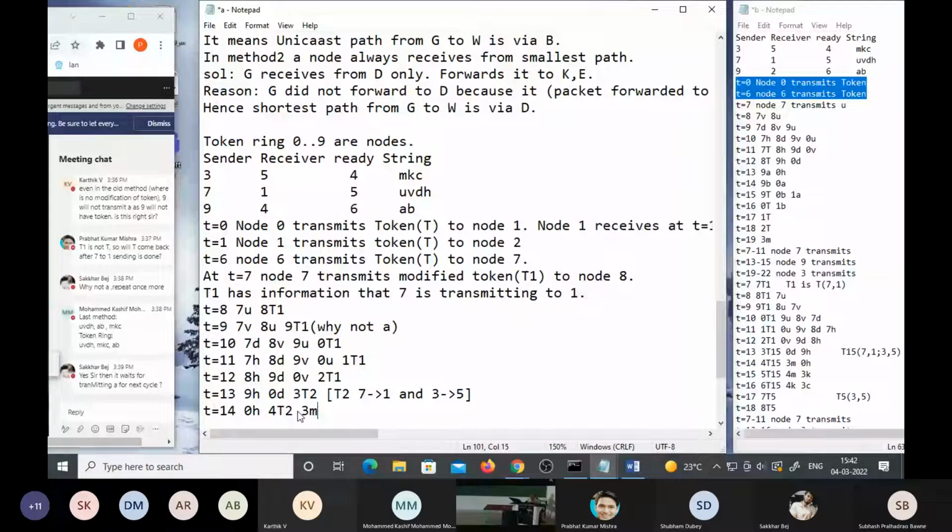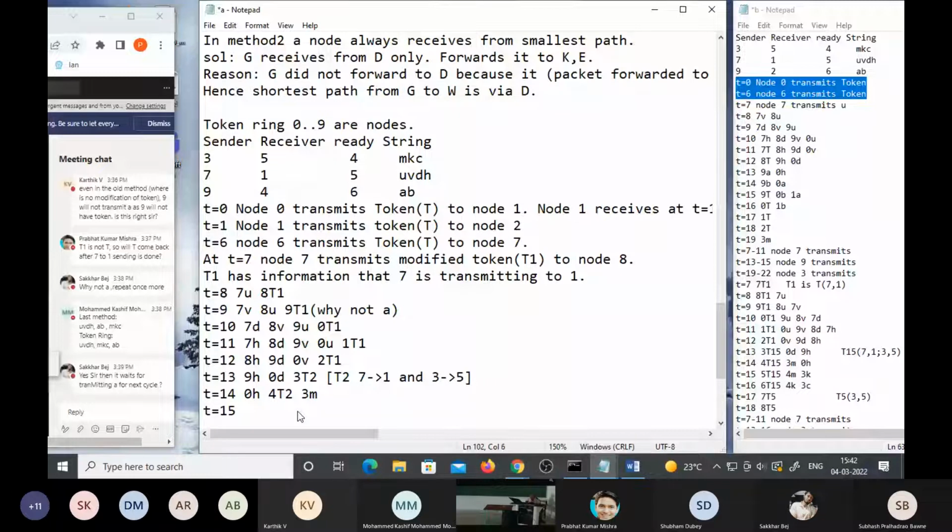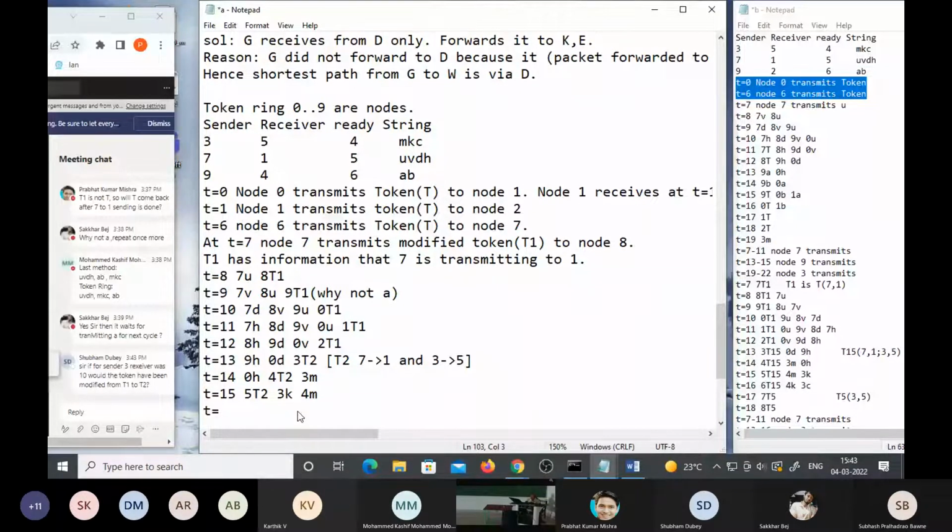T equal to 15. Five will transmit P2. 3 will transmit K and 4 will transmit M. T equal to 16.